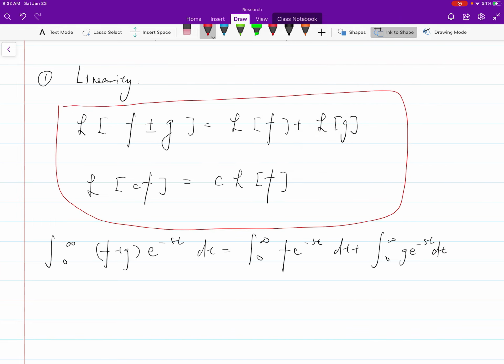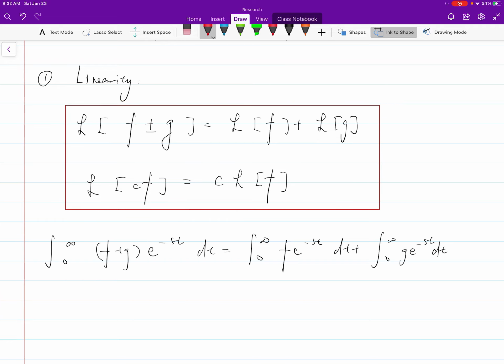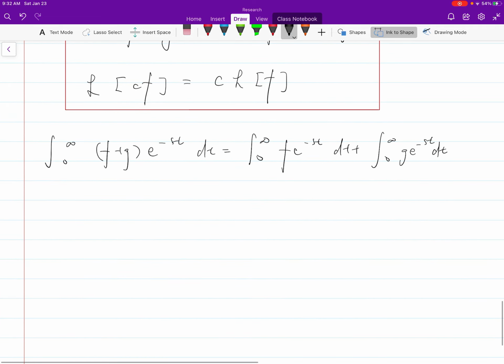This is important. Oh, my drawing may not be the best. This is very important, and the ideas are here. Because of the property of the integral, you can easily take the constant out.